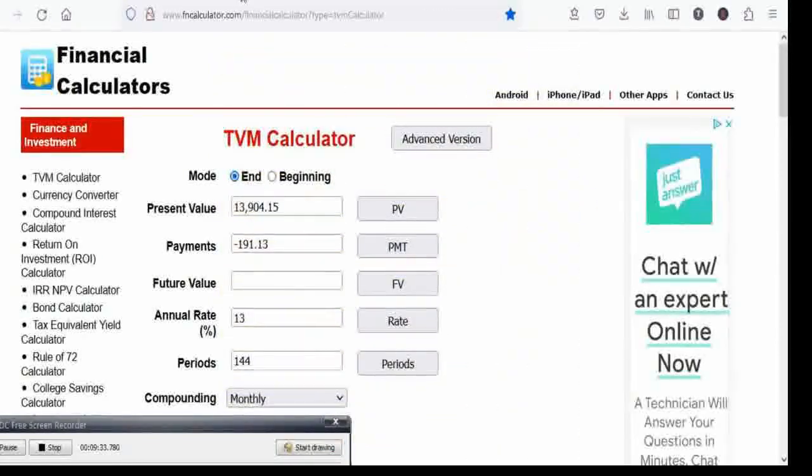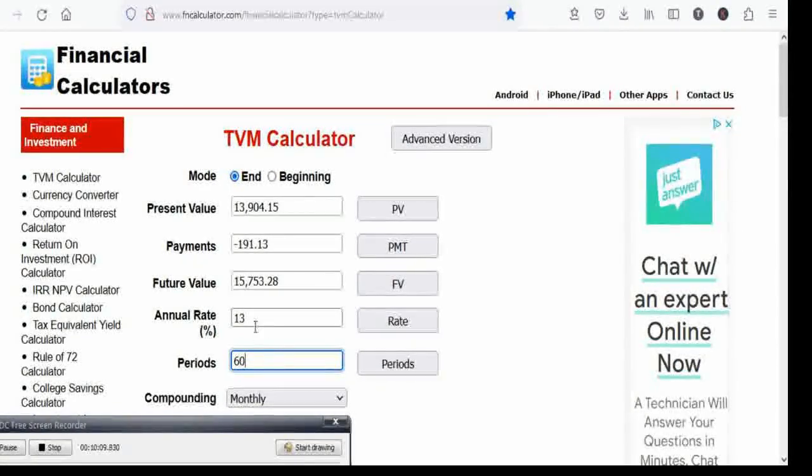So let's now go back to the TVM calculator. Plug in the $15,753.28 into the future value field. Enter 60 into the number of periods. Remember, we're calculating the present value of this balloon payment after payment number 60.